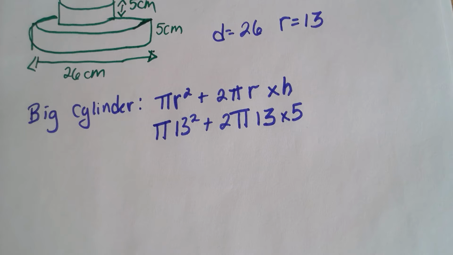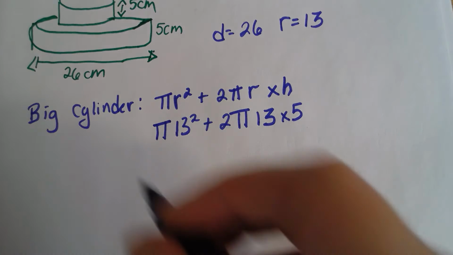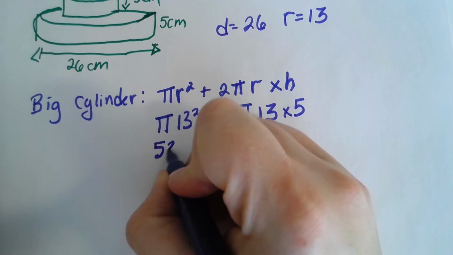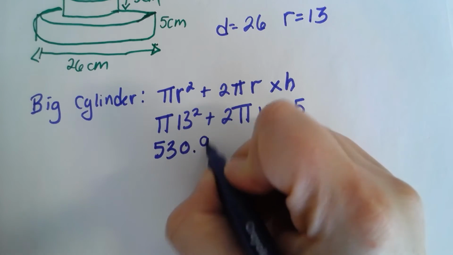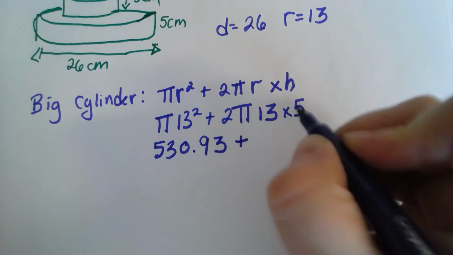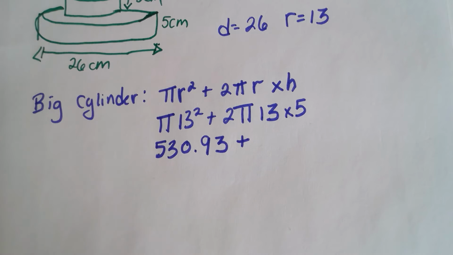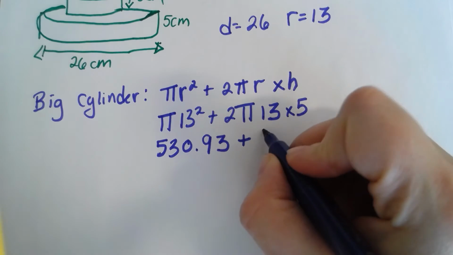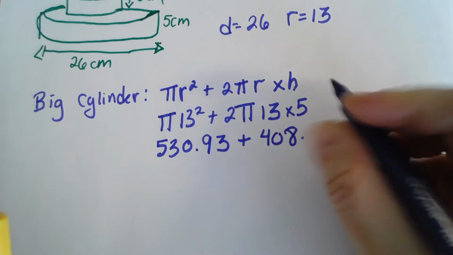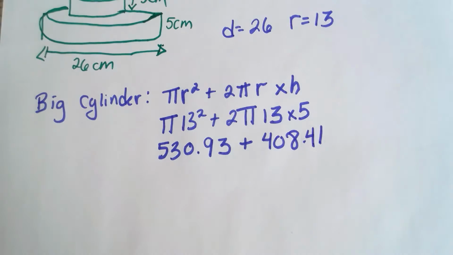So we would have pi times 13 squared, which is going to give me 530.93. I did round slightly there. I'm going to keep 2 decimal places. Then we're going to do 2 times pi times 13 times 5. That gives 408.41.